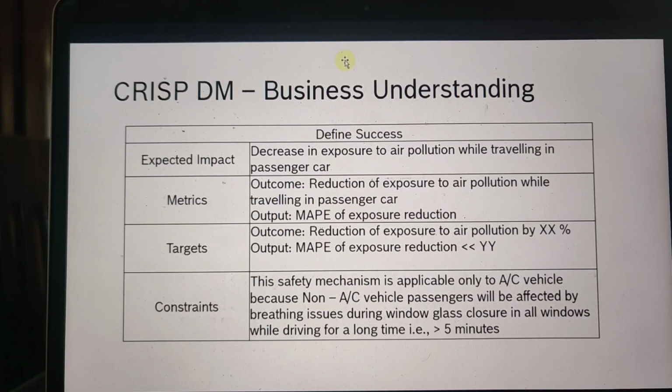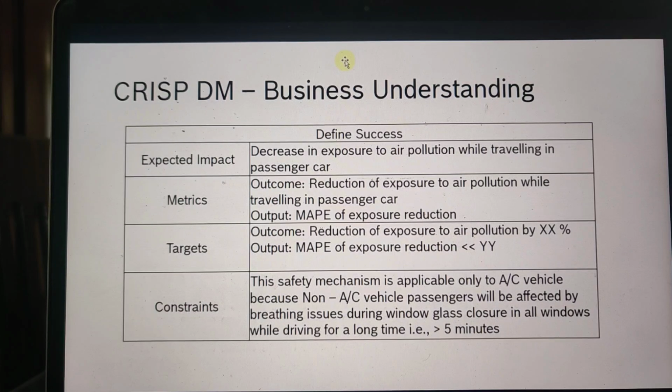The constraint is that this safety mechanism will be applicable to AC vehicles only, because a non-AC vehicle will not have any air conditioning system inside. If this safety mechanism is applied, my logic is, whenever the dust or smoke reaches certain threshold levels, my model will automatically shift all the glass windows up.